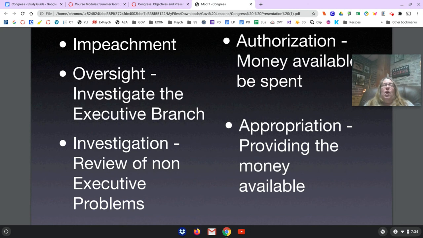The last two, authorization and appropriation, deal with money. Authorization is the money available to be spent, and appropriation is how much money you actually get. So if you're sitting down with your family and you're budgeting a trip to Disney World and you say, we're going to authorize $5,000 for our Disney World trip, and then your motor blows on your car. Well, where are you going to pull that money from?